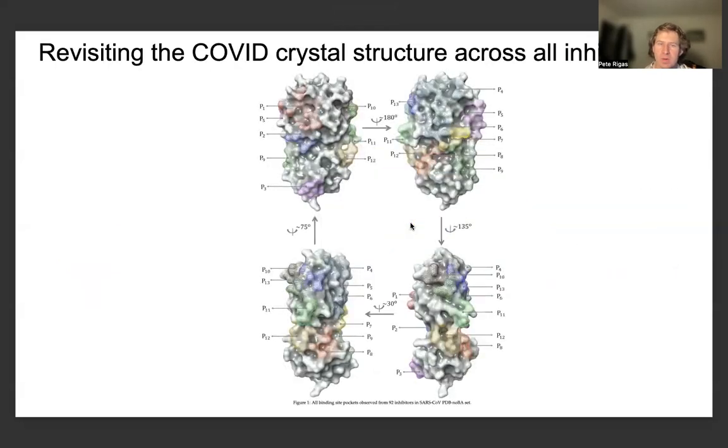And to revisit the COVID crystal structure across all the inhibitors, we can see that if we look at a 180-degree, counterclockwise rotation of the crystal structure of COVID-19, which was given in a previous slide from the deep learning paper, we can see another type of perspective of the binding pockets.